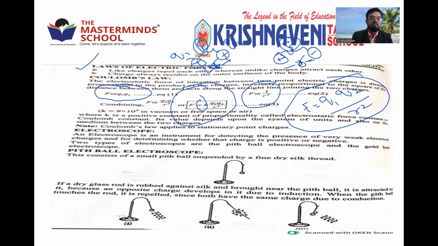The K value is also given: 9 into 10 power 9 in vacuum or free space. So in case of vacuum or free space between the two charges, we can take 9 into 10 power 9. If any other, we can take one only. Different mediums have different values. So according to Coulomb's inverse square law, the force between two charged bodies separated by a distance R is directly proportional to the product of their charges and inversely proportional to the square of the distance between them.